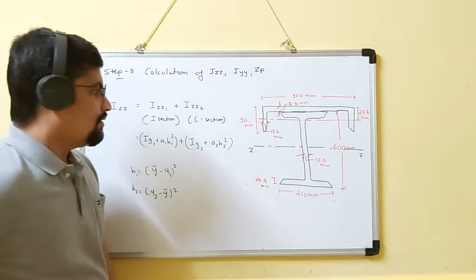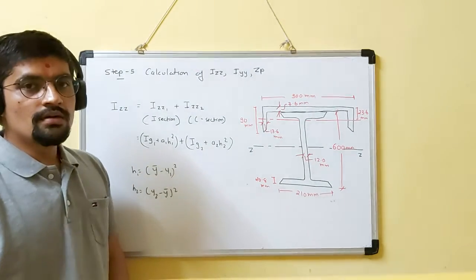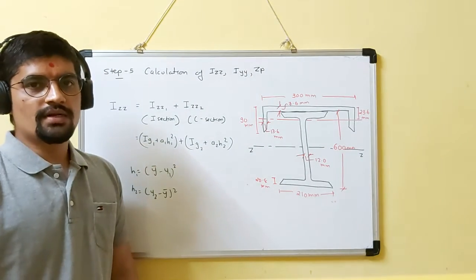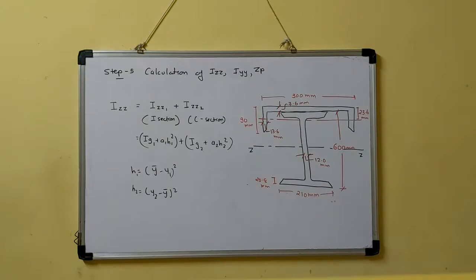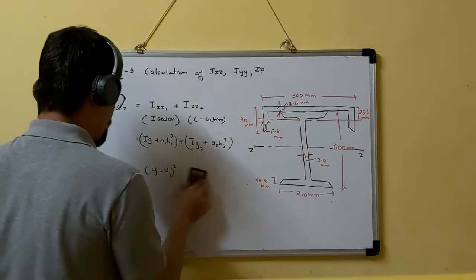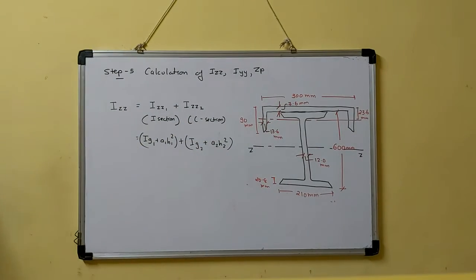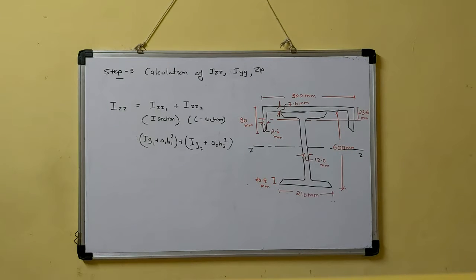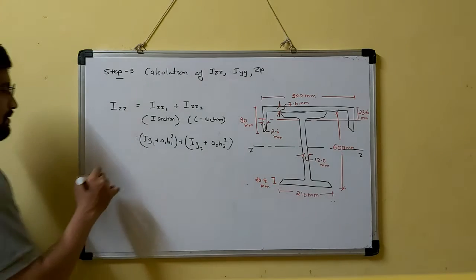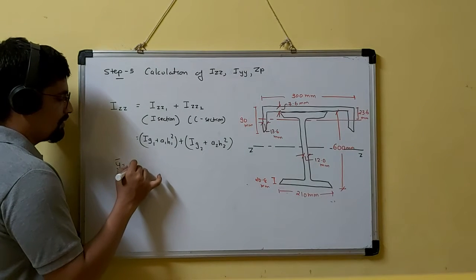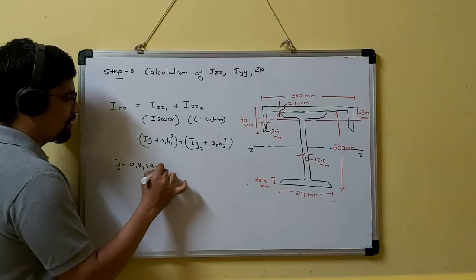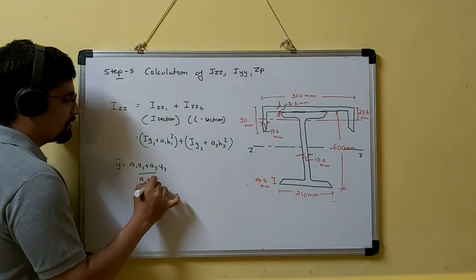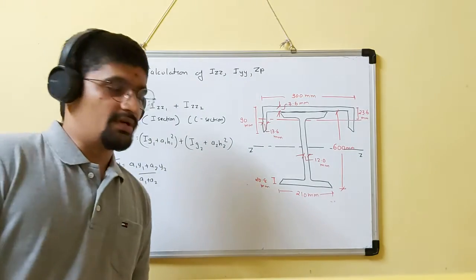So what will be the Y bar value? We need to calculate the Y bar value first. The equation for Y bar is A1 Y1 plus A2 Y2 divided by A1 plus A2, which we have studied in moment of inertia.